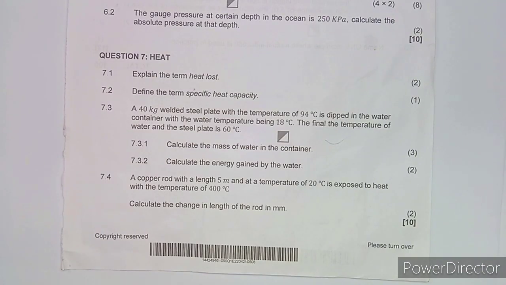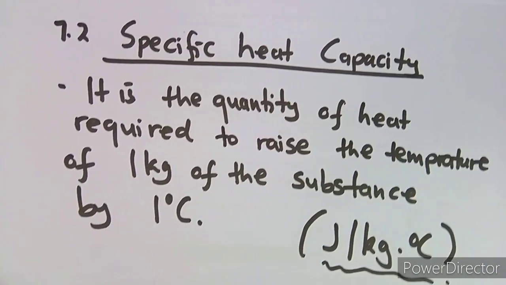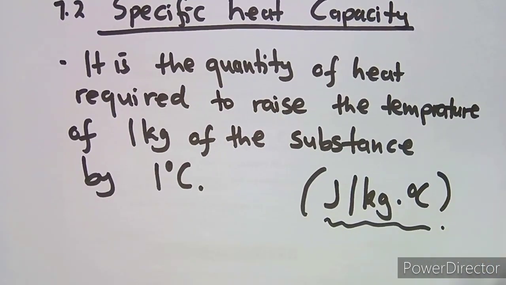So on 7.2, define the term specific heat capacity. The specific heat capacity is the quantity of heat required to raise the temperature of 1 kg of the substance by 1 degree Celsius.